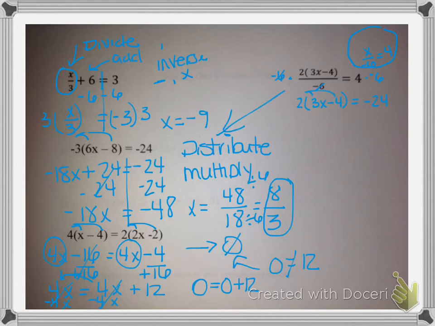Okay, so I'm going to distribute, which is 6x minus 8 equals negative 24. And I wrote 12, sure as the world. Let me fix this. There we go. And then I'm going to add 8 to both sides.